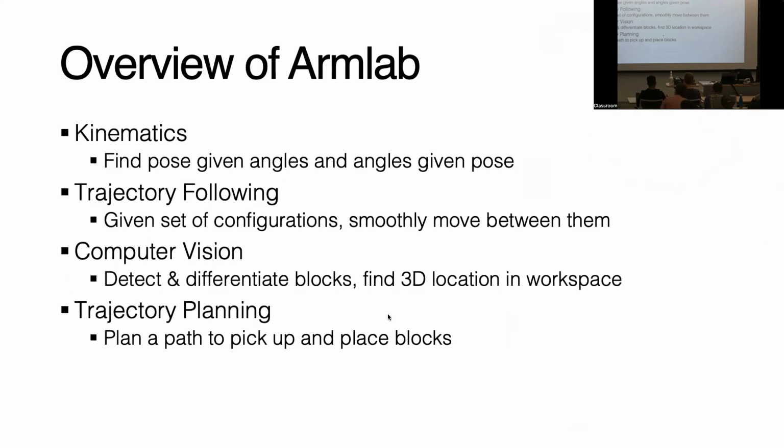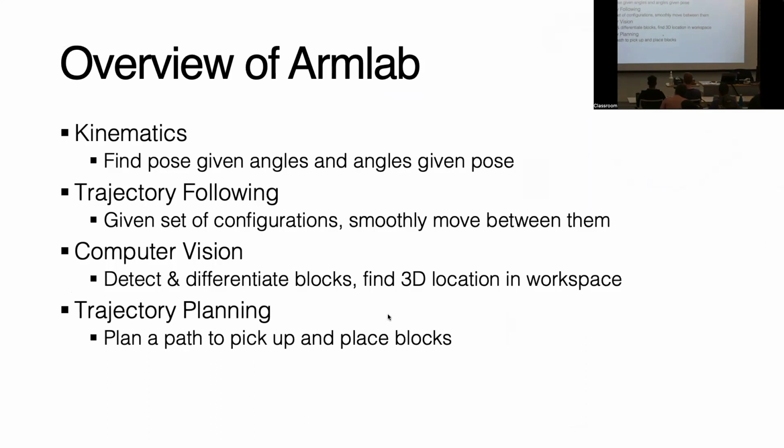For Armlab, you are going to do kinematics, and we'll cover kinematics in lecture over the next few lectures. Kinematics is basically the question: given the angles, if I know where my joints are set, can I find where the end effector is? That's forward kinematics.